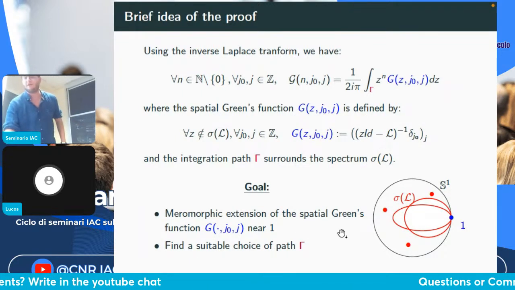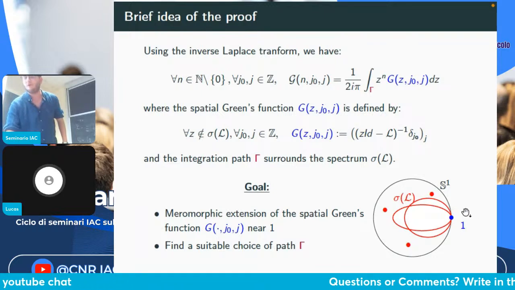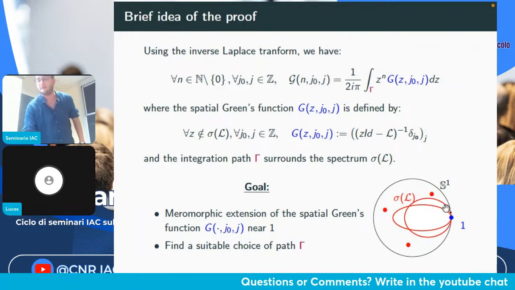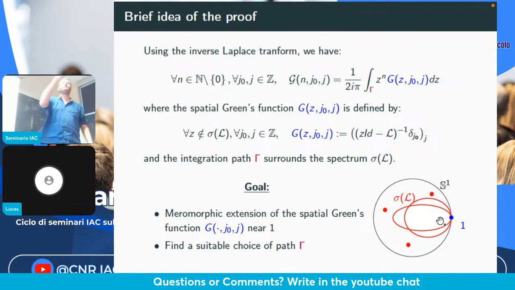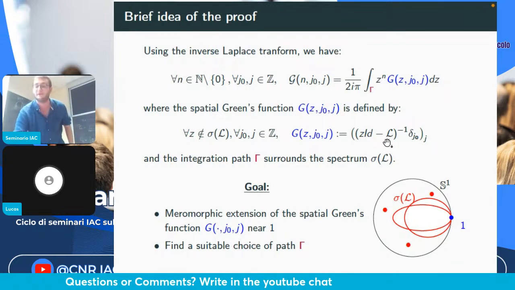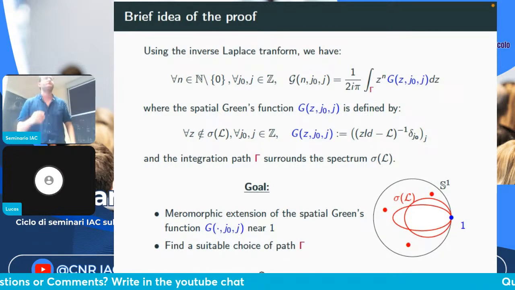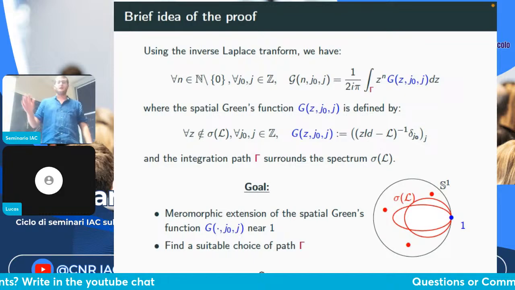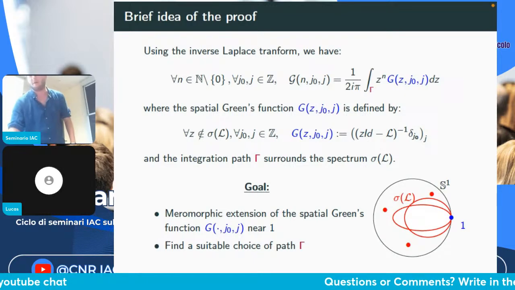You need two things. You need to meromorphically extend this function near 1 so that you can go through the spectrum, which is not evident because you have the resolvent that appears here. And then you need to find a suitable path gamma. I won't explain how you do this.